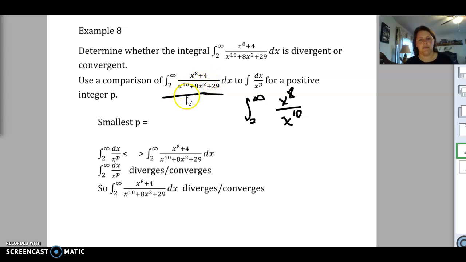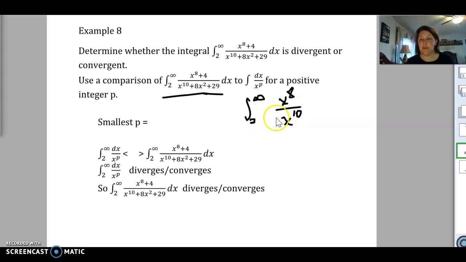So let's look at our denominator. We have x to the 10th in our new equation, but the original also has a plus 8x squared. We're going to be plugging these values in for that x, and it's going to make this value bigger, which makes our denominator bigger, which makes the whole fraction smaller.